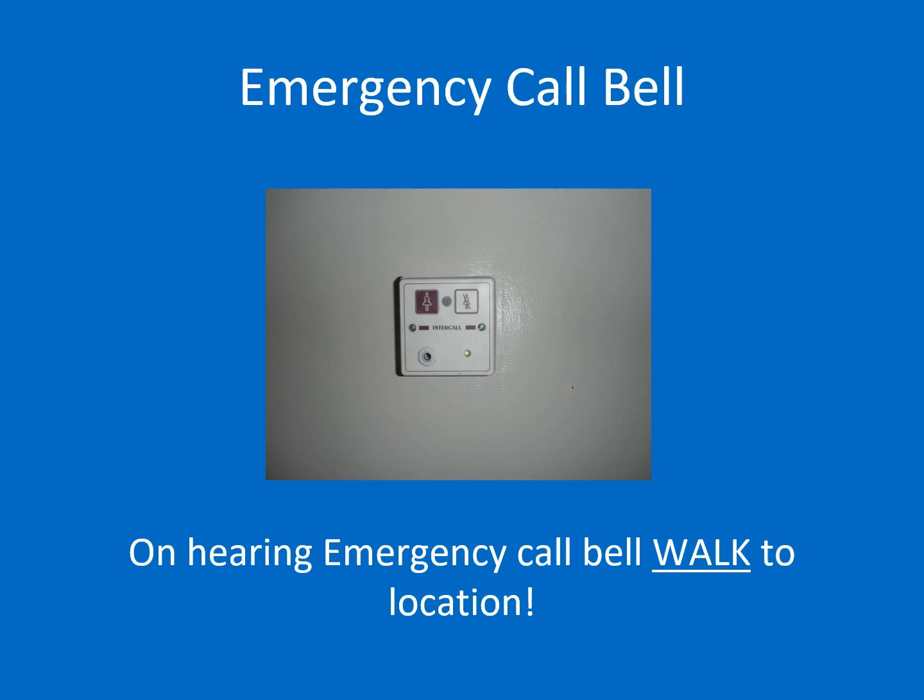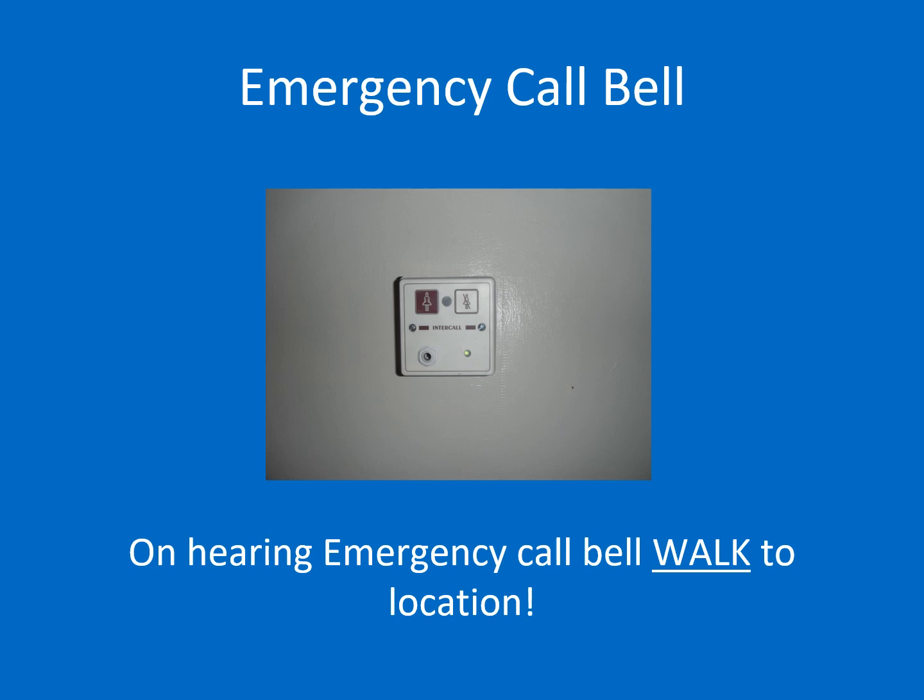So the emergency call bell, this is a typical call bell point in a care home. Now, if you press both of the buttons at the same time, so the darker button is the activating button and the lighter button is the cancelling button, if you press both at the same time, then that will activate the emergency call bell.